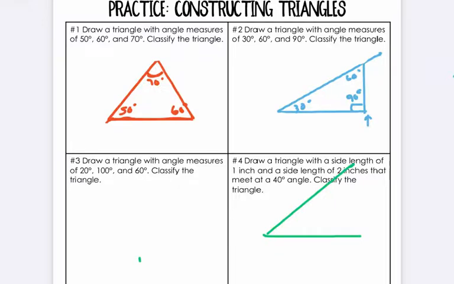Okay. Now I just know that I need to have one side length with 1 inch and a side length of 2 inches. It doesn't matter which side, right? So I'm going to make sure I have, I'll probably make this side length down here 2 inches. So I'm going to extend this to 2 inches. Whoops. This is 2 inches now, right here. And then we just need this to be 1 inch.